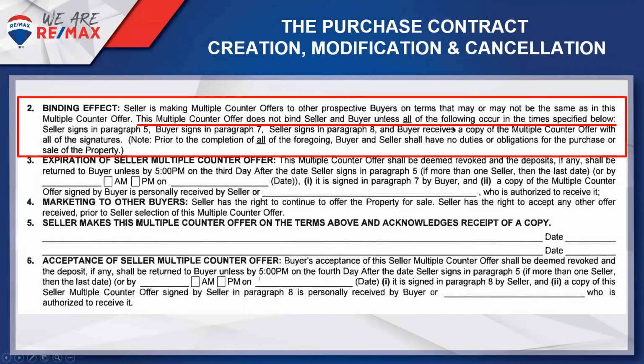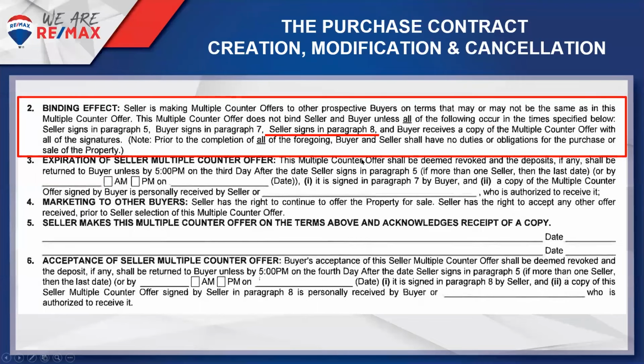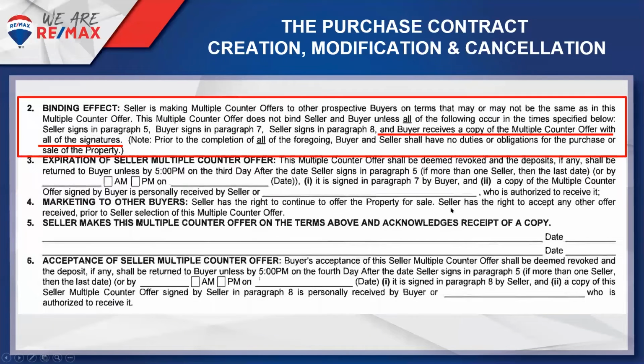Unless the buyer has accomplished all of the following things. The seller signs paragraph 5, which is signing this multiple counteroffer. The buyer signs paragraph 7. The buyer accepts the multiple counteroffer. The seller signs paragraph 8, which is selecting the buyer's response to this multiple counteroffer.